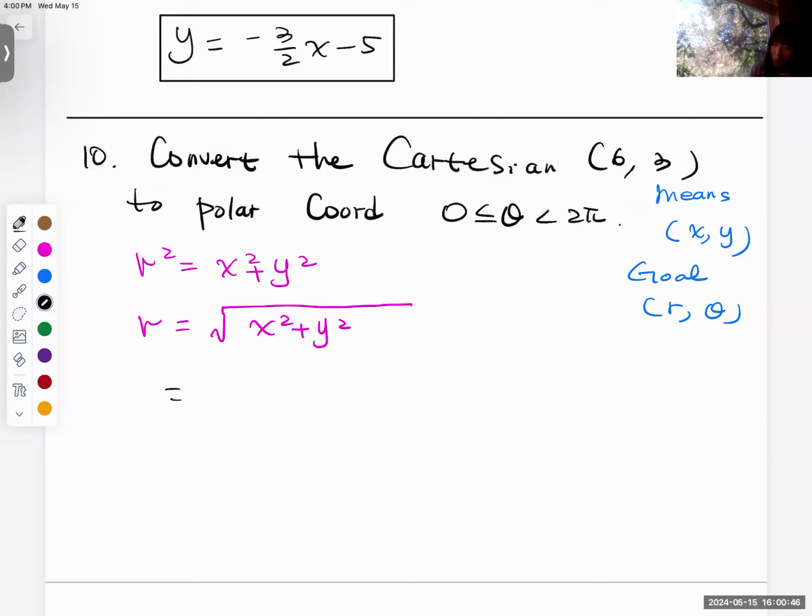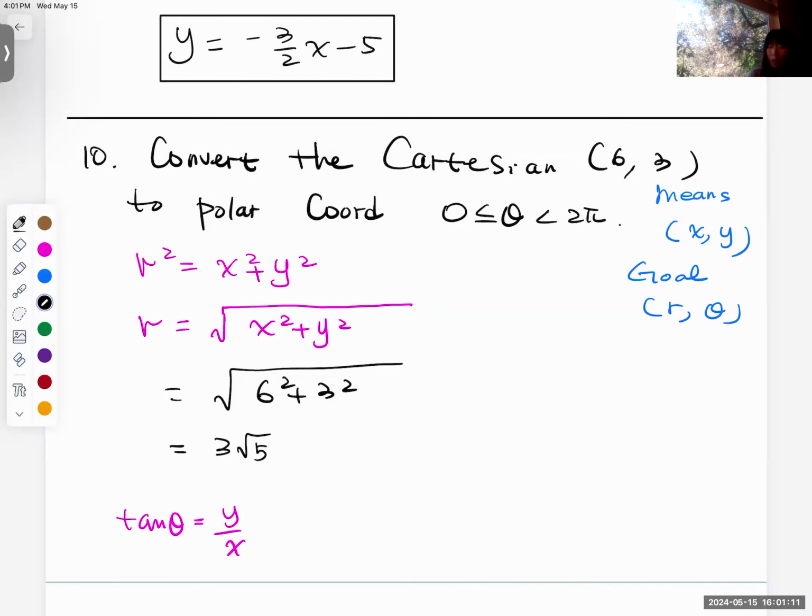Okay, now x squared plus y squared, your turn, please calculate what you get. It's 3 square root of 5.